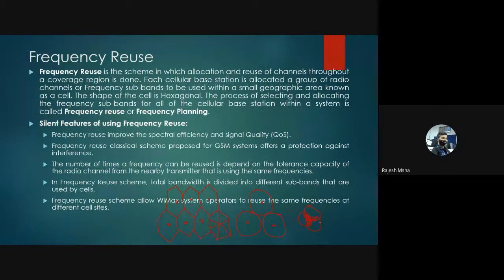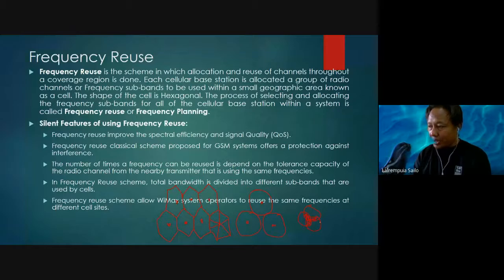So why are we using this hexagonal shape in cellular technology? Number one, there is no space between the cells, and also there is no overlapping.